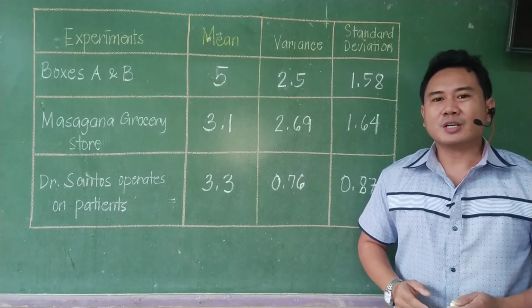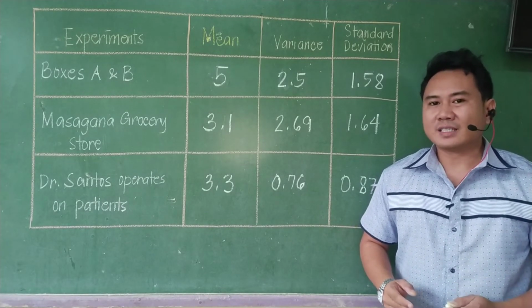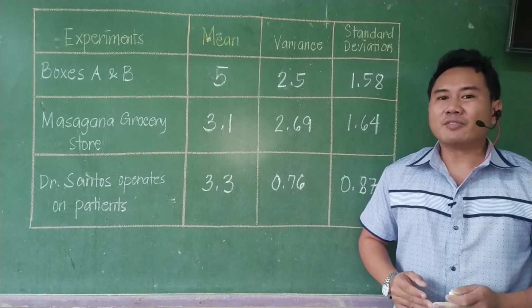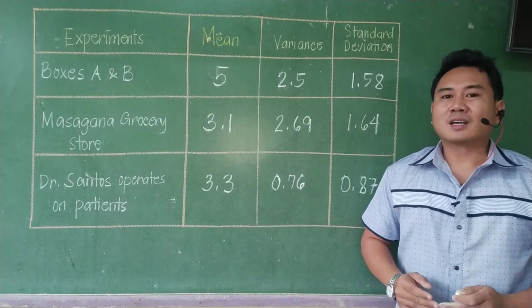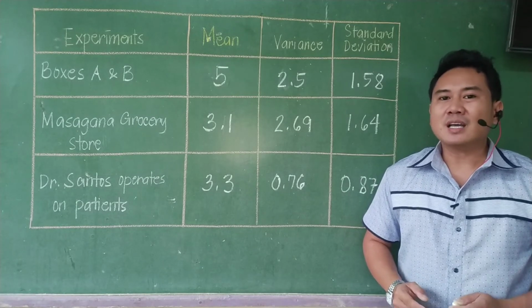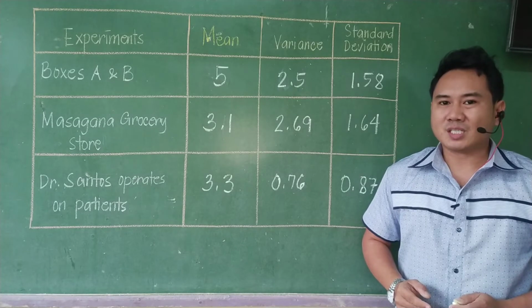Our next problem is about the Masagana grocery store. If you remember, that problem asks us the average number of items that a customer buys when they visit the store. The mean of that problem is 3.1. It means that a customer buys an average of 3.1 items every time they visit, with a standard deviation of 1.64.